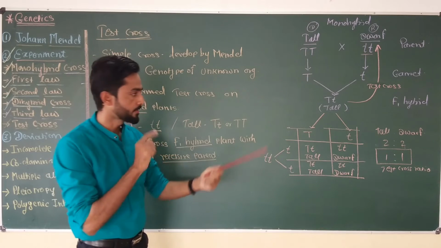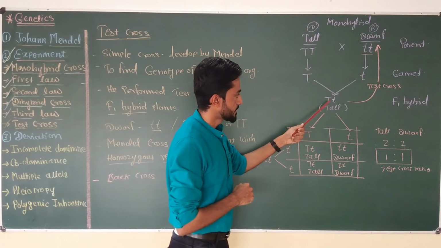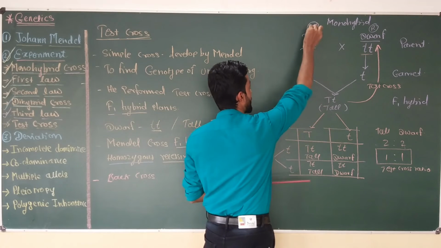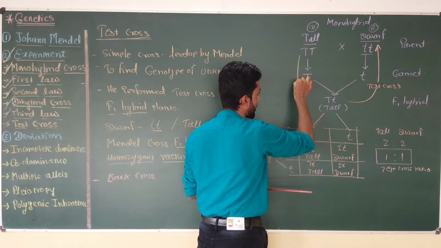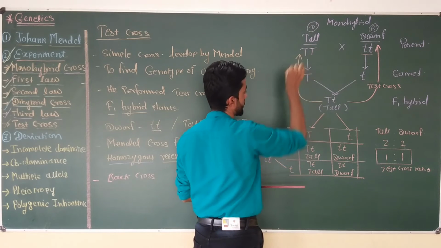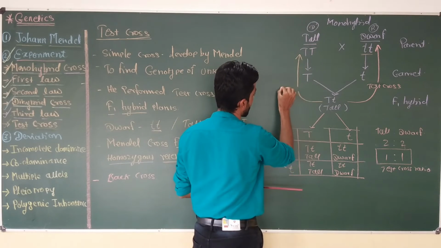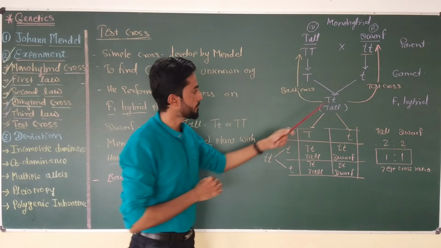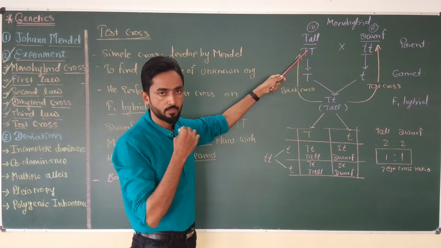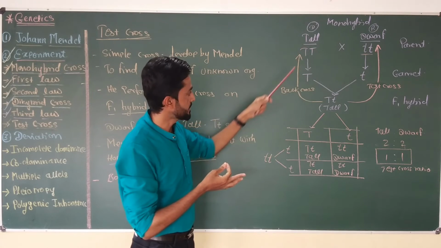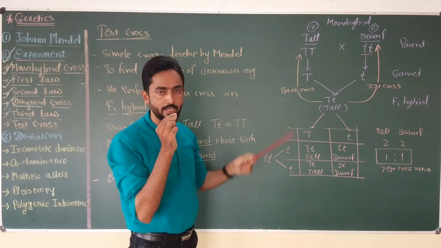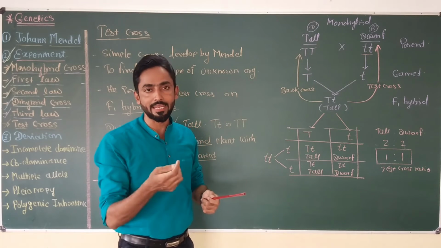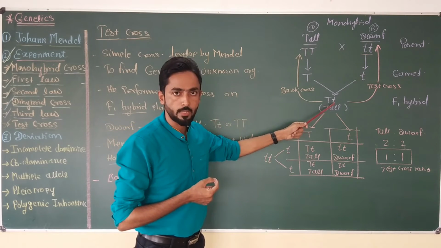Now, if for example we cross this F1 hybrid with the dominant parent, okay, this type of cross is called a back cross. Okay, we are going back in the generations, and in this type of cross also we are going to get a ratio, but in this cross we are unable to make any conclusion about the genotype of the F1 hybrid.